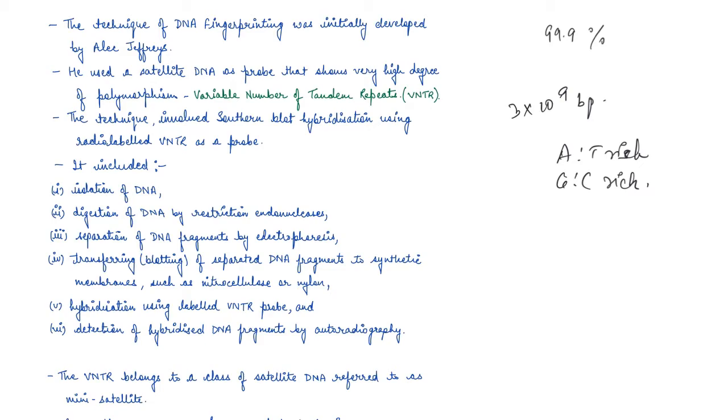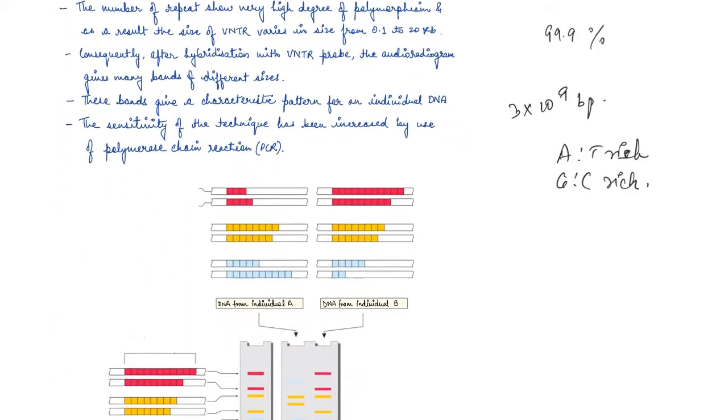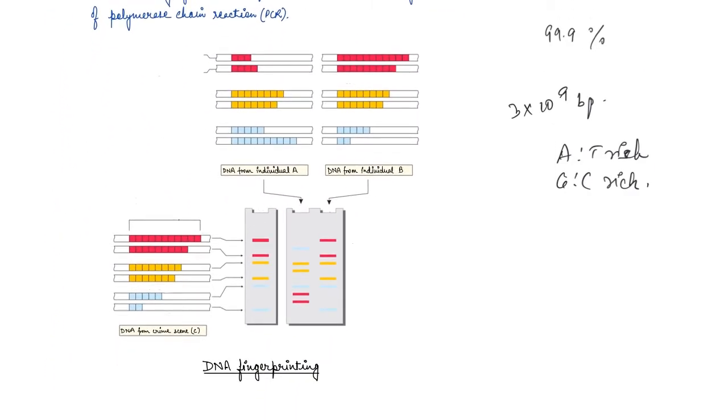The radiolabeled satellite DNA that we have is hybridized with the DNA that we have isolated. Then we detect the hybridized DNA fragments by autoradiography, right?